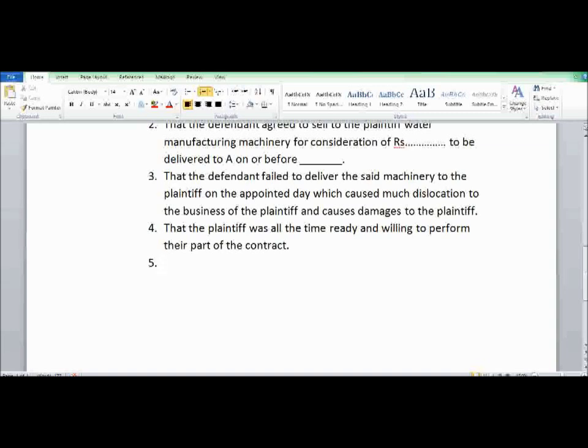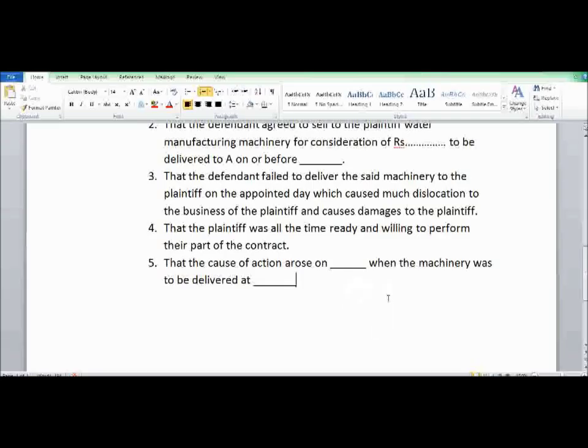So we will write it down here that the cause of action arose on the date when the machinery was to be delivered at, here will come the place at which he has agreed to deliver the machinery.